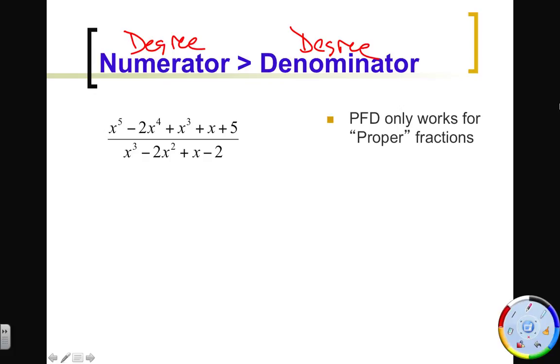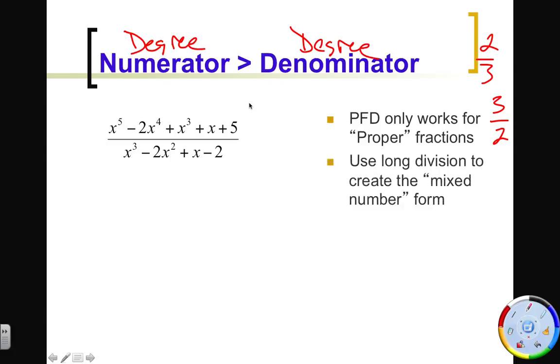It only works for proper fractions. Right? So proper fractions being something like 2 over 3. That's a proper fraction, whereas 3 over 2 is improper. All right? So we need to do long division in order to create, quote unquote, a mixed number, right? 3 over 2 is really 1 and 1/2, or 1 plus 1/2.